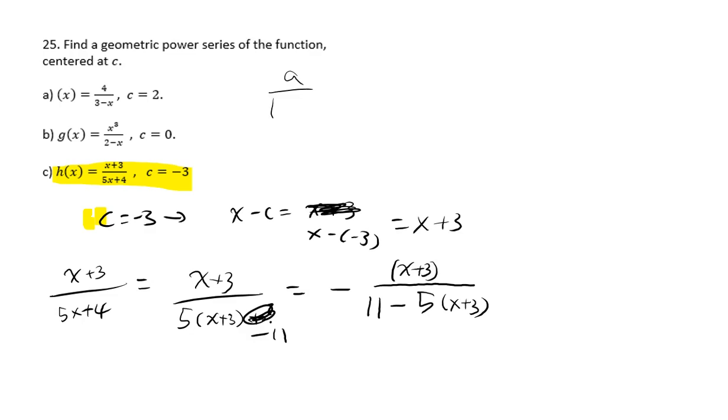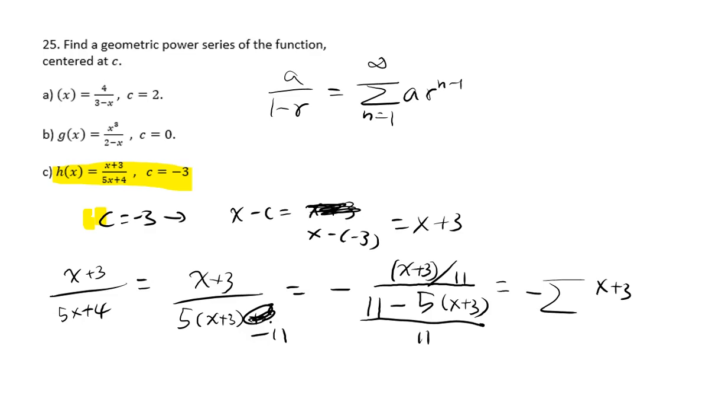Then to use a over 1 minus r equal to sigma n from 1 through infinity of a times r to the n minus 1, to use this formula over here, you see that you should be dividing top and bottom by 11, so that you have negative a is x plus 3 over 11, whereas your r would be 5 over 11 times x plus 3, to the n minus 1, n from 1 through infinity.